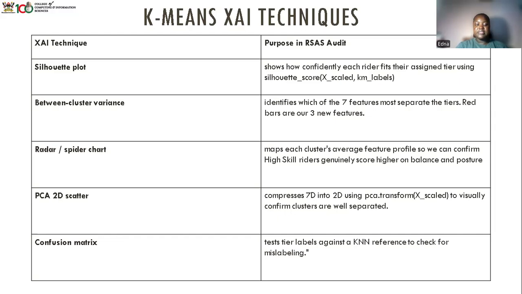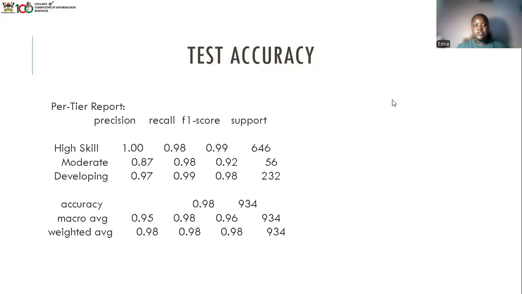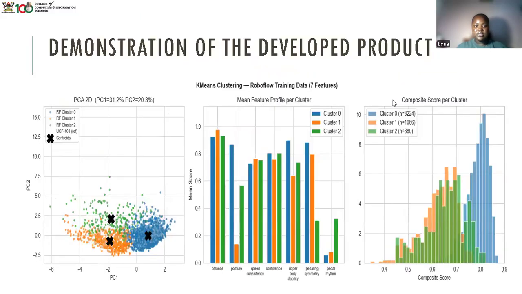Then we have the PCA 2D scatter, which compresses the 7D into 2D using the PCA transform to visually confirm clusters are well separated. Lastly, we have the confusion matrix, which tests tier labels against a KNN reference to check for mislabeling. The following slides show images of these explainable AI techniques.